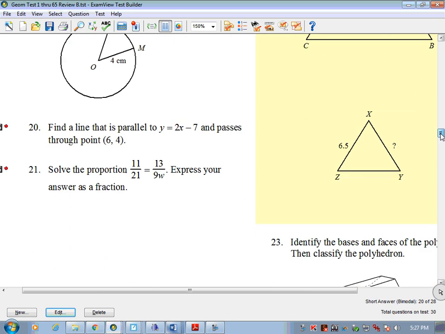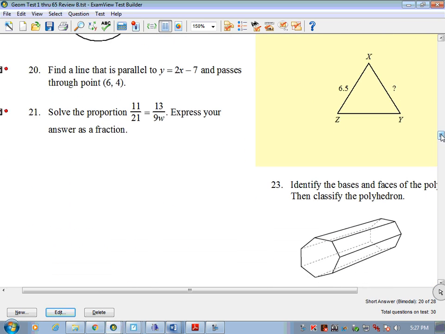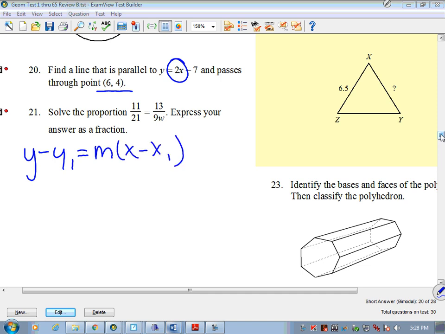Number 20, 2/3 of the way done, hope to be done soon. Find a line that's parallel. Okay, we've talked about this in the beginning. So we want something that uses 2x, goes through this point. So y minus y1 equals m times x minus x1 would be the formula I would use. So y minus 4 equals my slope, which is 2, times x minus 6.